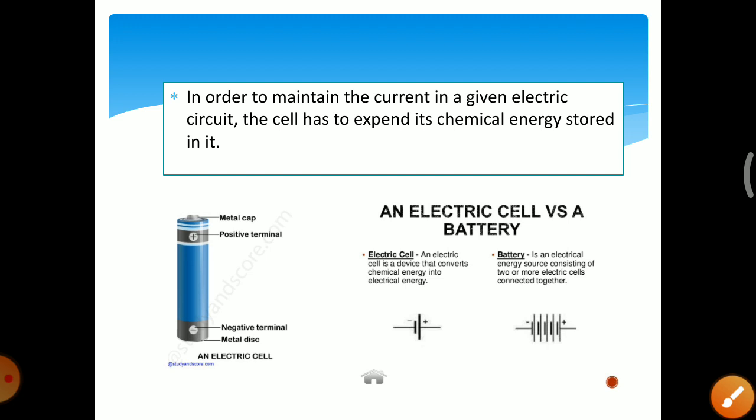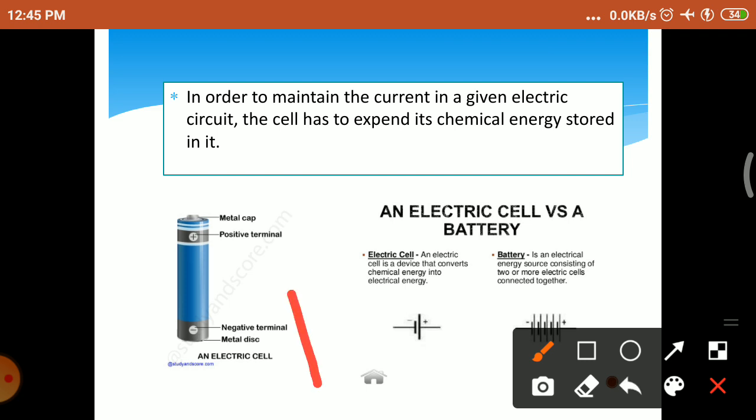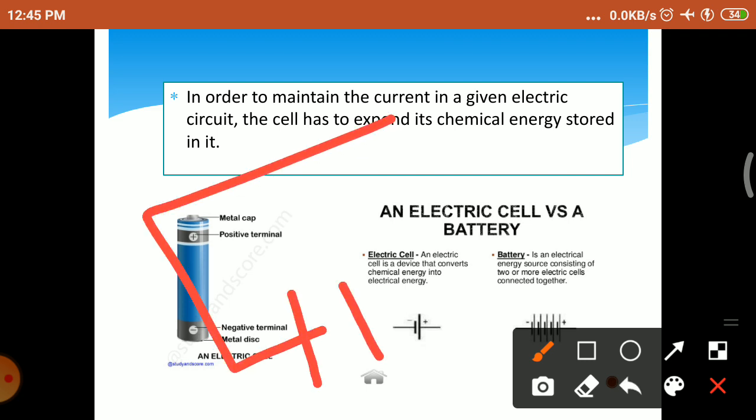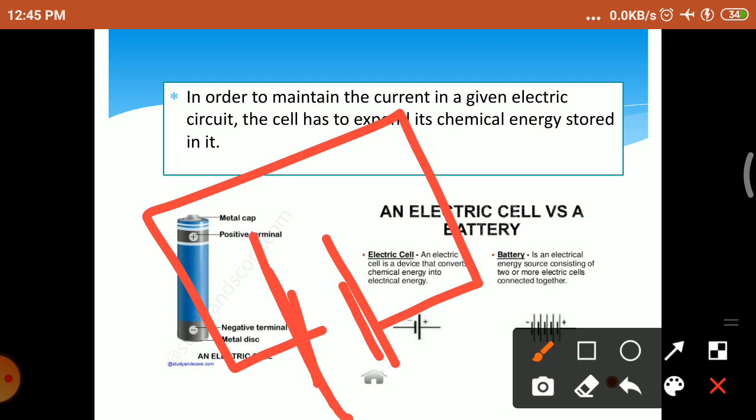In order to maintain the current in a given electric circuit, the cell has to expend its chemical energy stored in it. So if I need continuous flow of electrons in the circuit, I have to maintain the chemical energy stored in the electric cell.